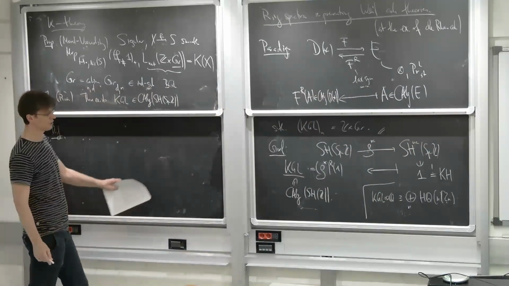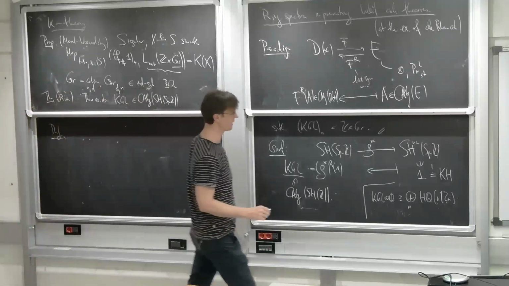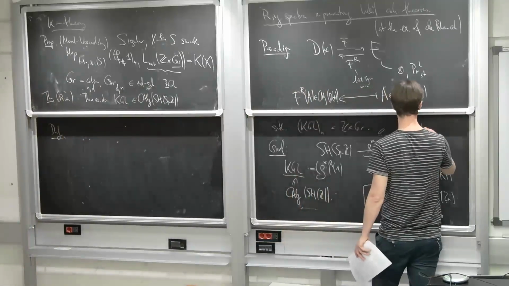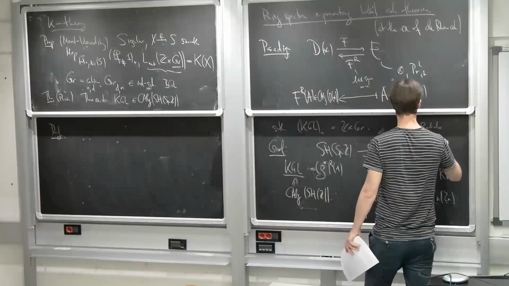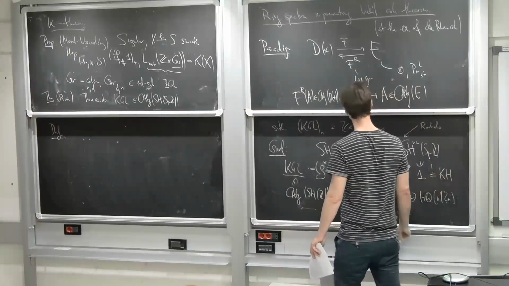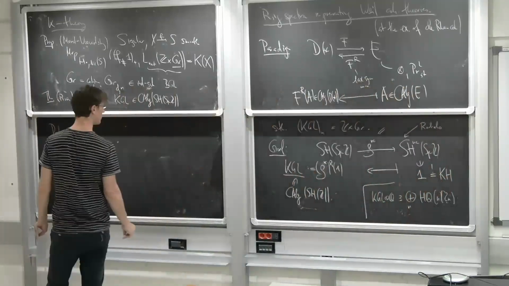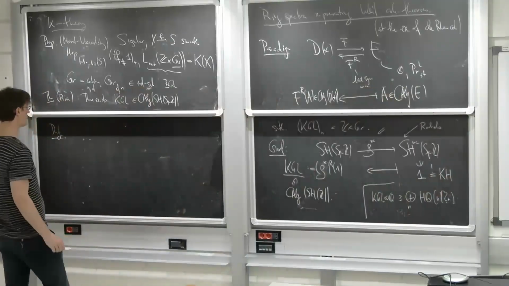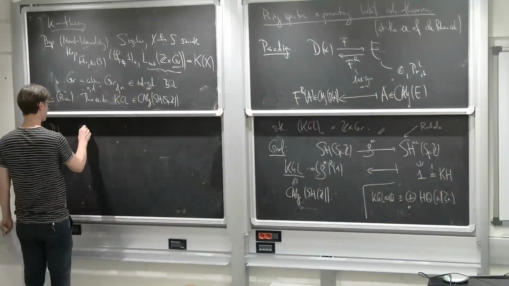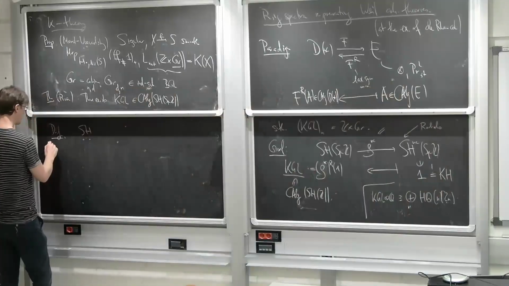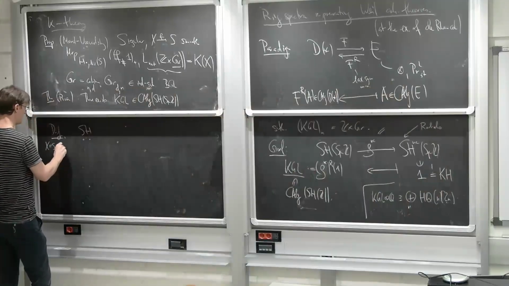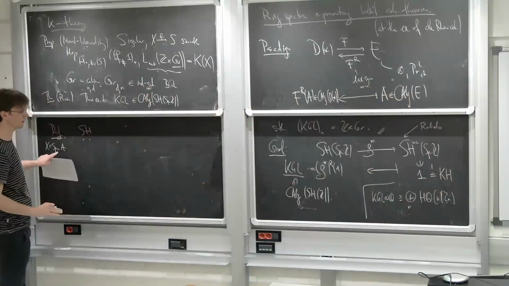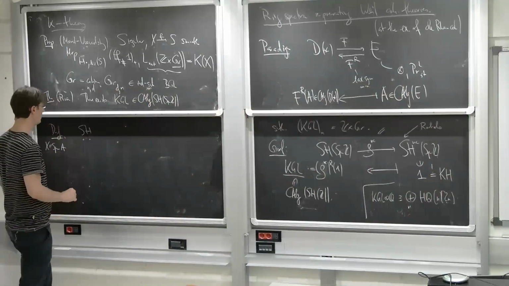Definition, and by the way, all that I'm saying here now is due to the work of Jakob, who did that. So what is this SHNC of X? For simplicity, let's say X is Spec A. It's not completely necessary, but I want to focus on the essentials here.